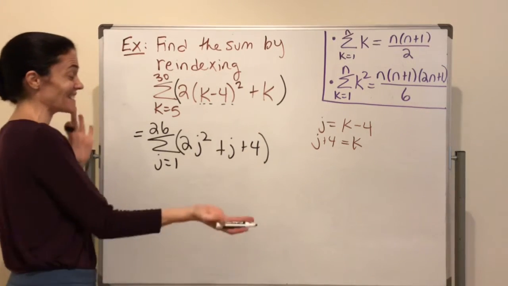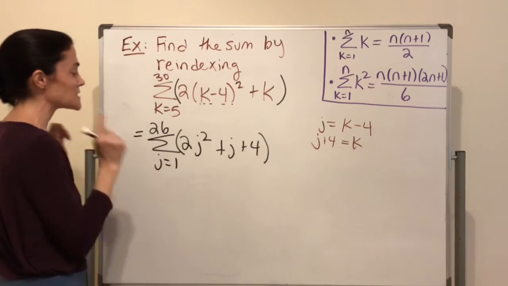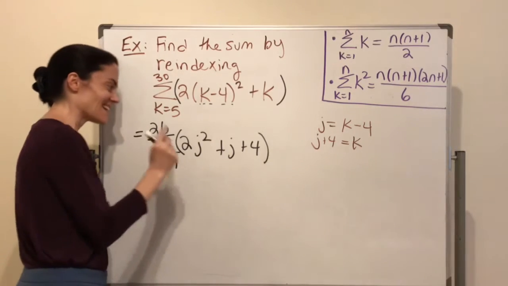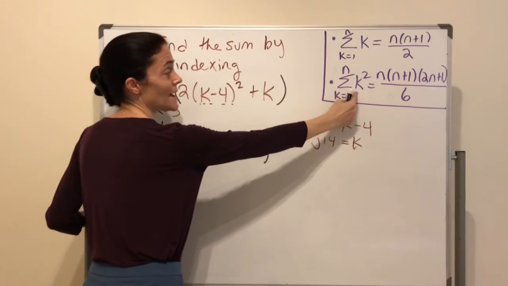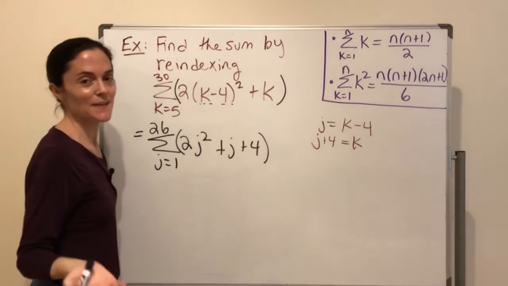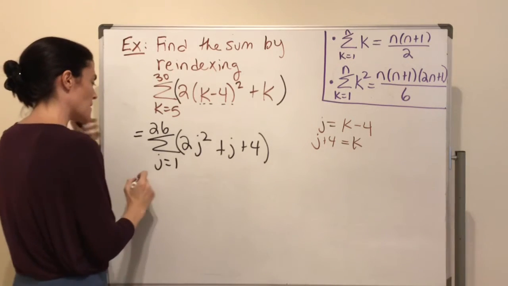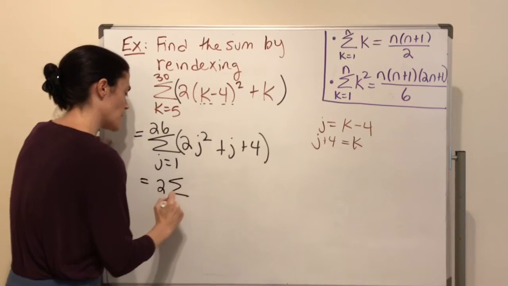Okay, so here is the reindexing, and the reason why we like this is because, first of all, the sum starts at 1. And then we see here, we're going to have a j squared and a j and then a constant. So this is something that we can use, the formulas that we know. Here we go. Let's break it into a sum of 3.